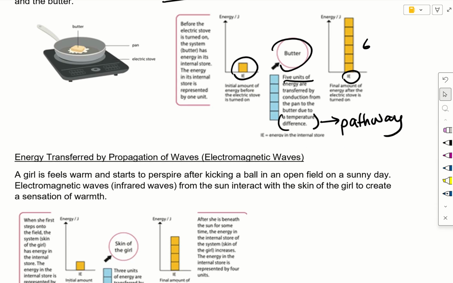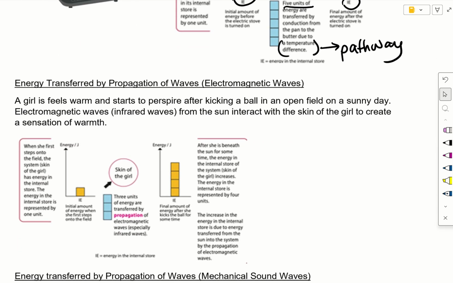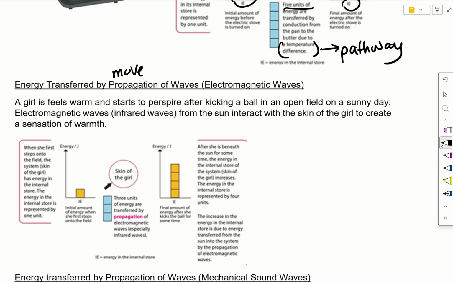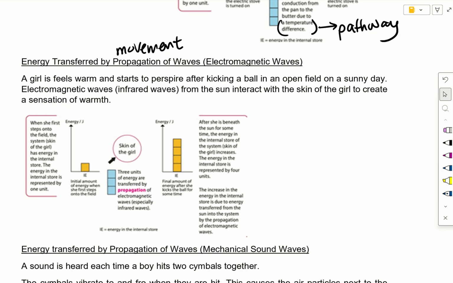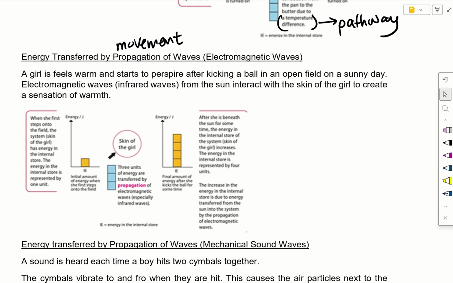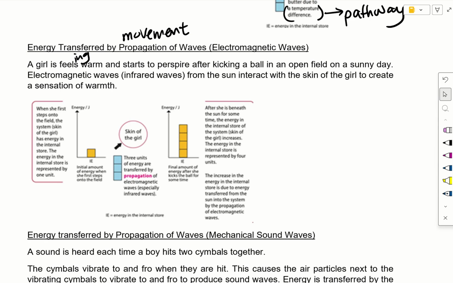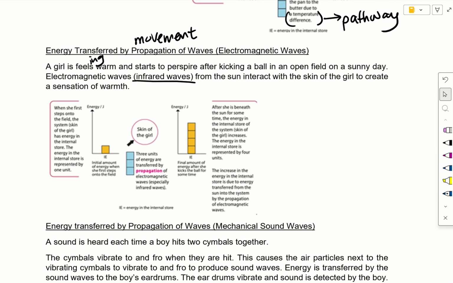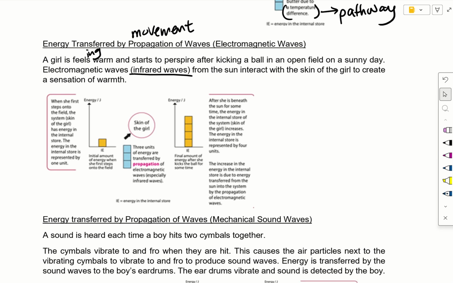So as a result, we have a total of 6 units in the internal store of the butter. Next, energy transferred by propagation of waves. So a wave is now helping to transfer the energy. A girl is feeling warm and starts to perspire after kicking a ball in an open field on a sunny day. Electromagnetic waves, which are infrared waves from the sun, which we will cover in the next few chapters under waves, interact with the skin of the girl to create a sensation of warmth.